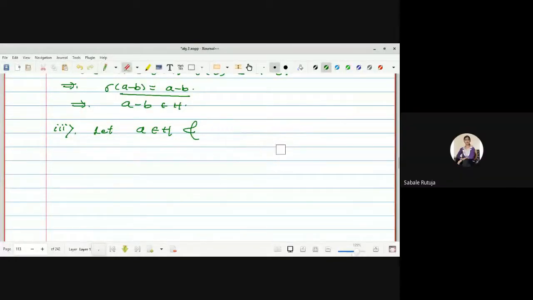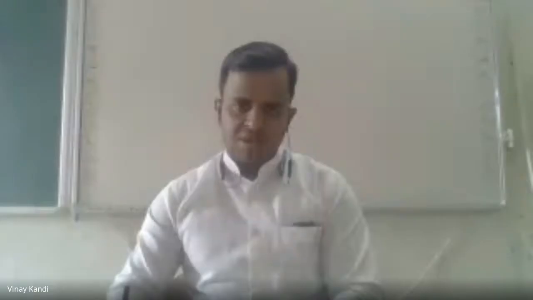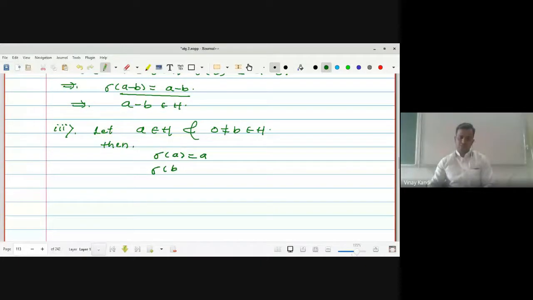Yes, sir. And the non-zero B belongs to A. Sigma of B is equal to B for all sigma belongs to G. Okay, and also if we have 0 not equal to B, this implies B inverse exists.